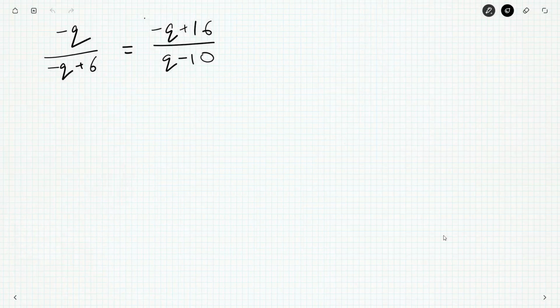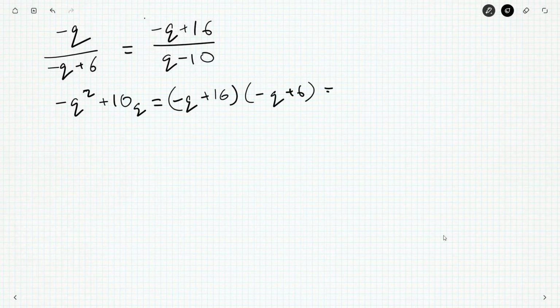Okay. And now cross multiply. So negative Q squared minus negative 10Q. So that would be plus 10Q. It's got to be equal to... we'll just write it out. So that'll be Q squared, and then minus 16Q, minus 6Q, and then plus 6 times 16 is 96.